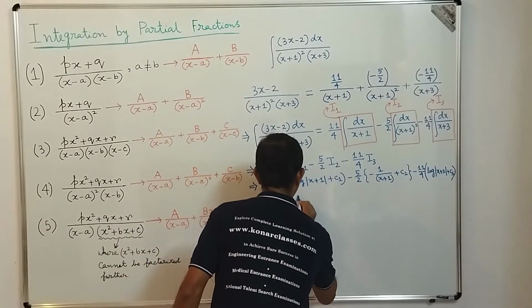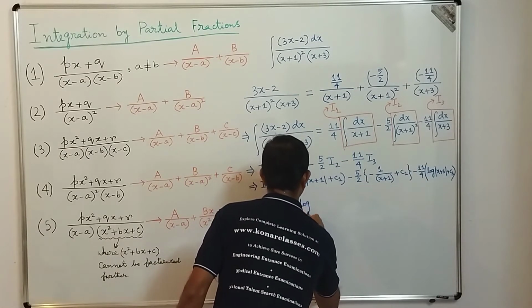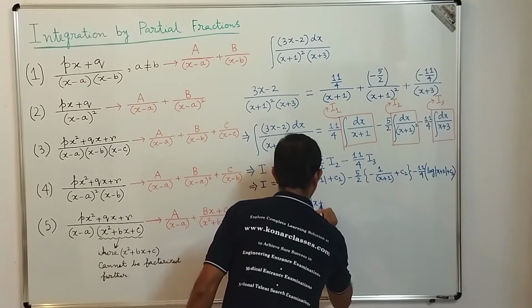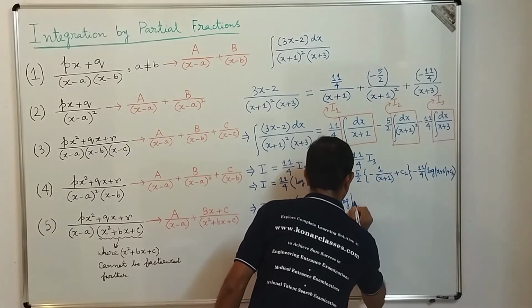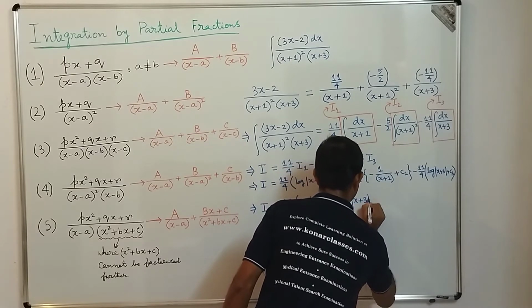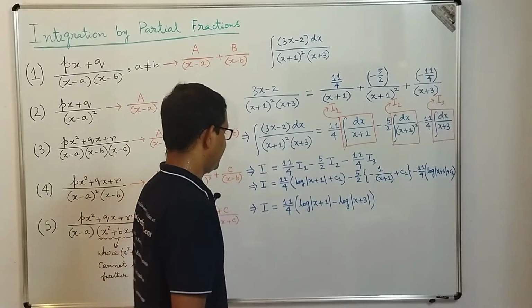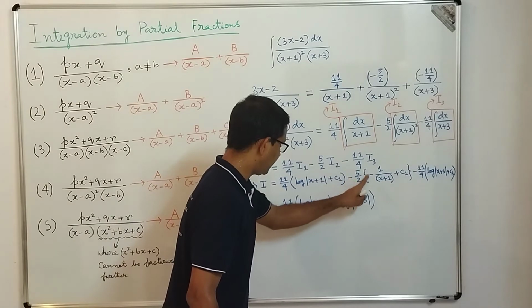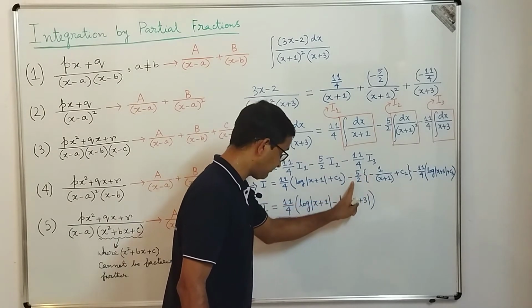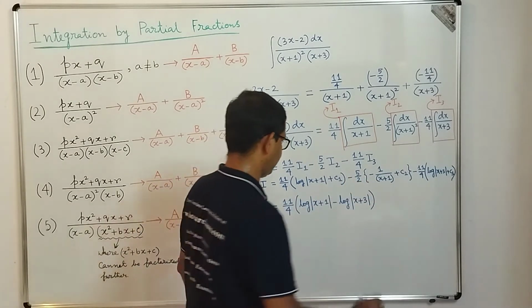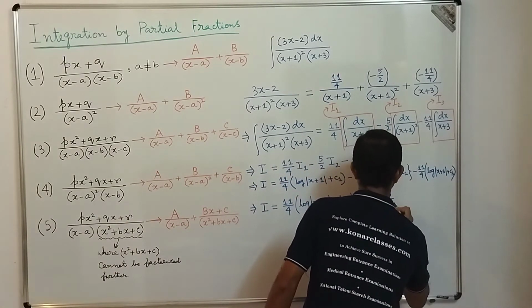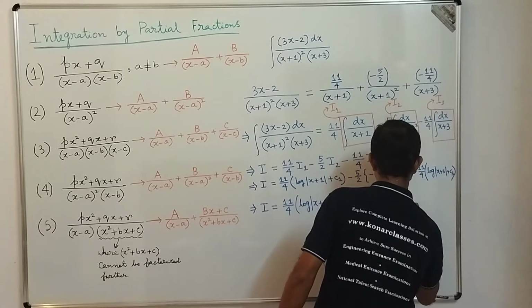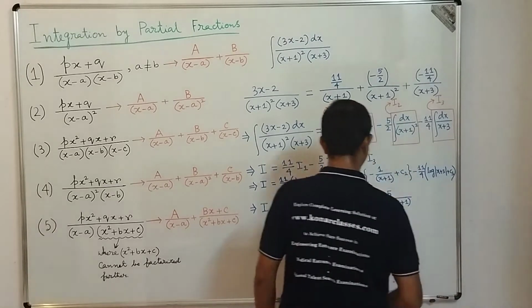So we can write log of mod x plus 1 minus log mod x plus 3, correct? Now minus 5 by 2 and minus 1 becomes plus 5 by 2 into 1 by x plus 1, so plus 5 by 2 into x plus 1.